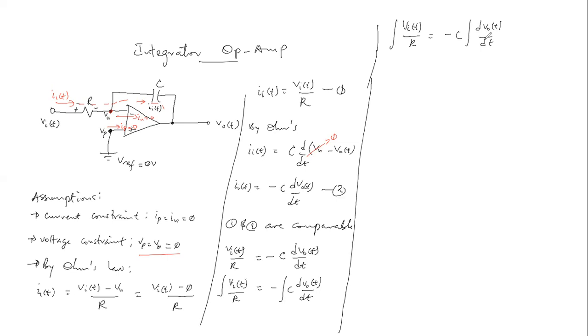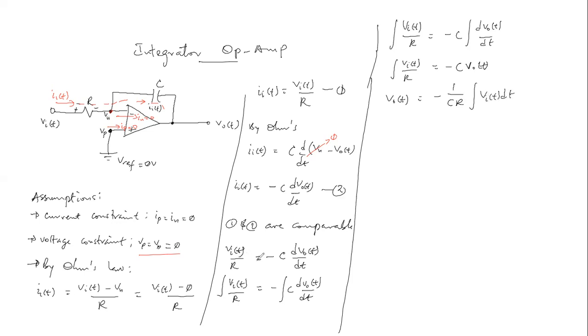And once we take the integral of a differential value, we're going to get V naught. So here we now have integral of V sub I of t over R will be the same as negative C V naught of t. And hence, V naught of t will be the same as negative 1 over CR, we'll bring the resistor R, integral of V sub I of t dt.